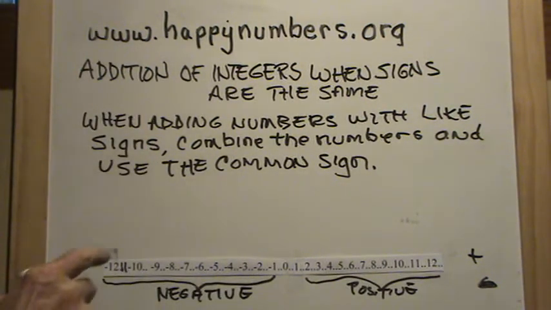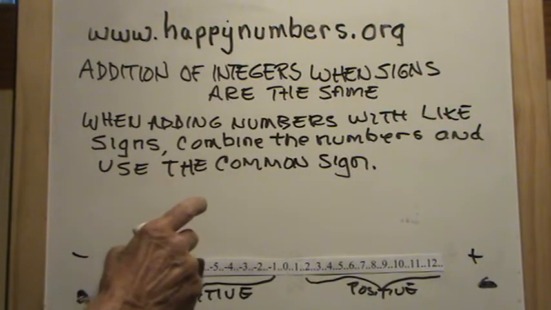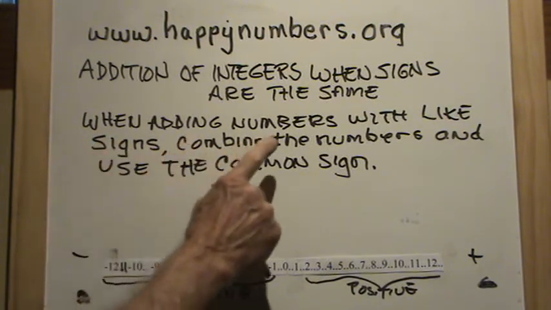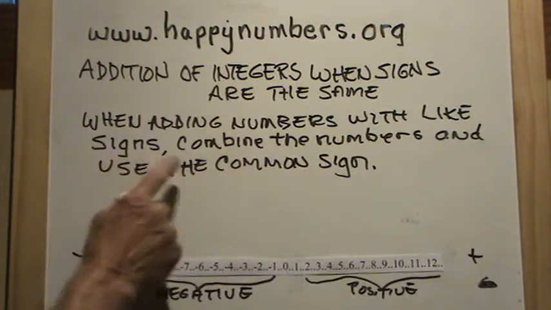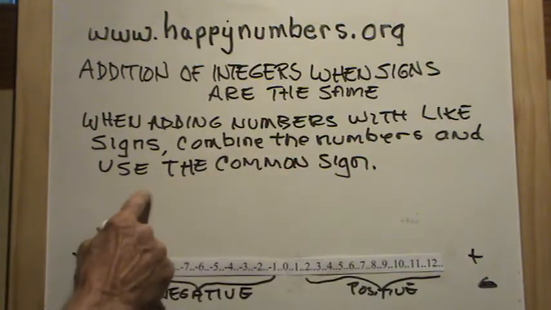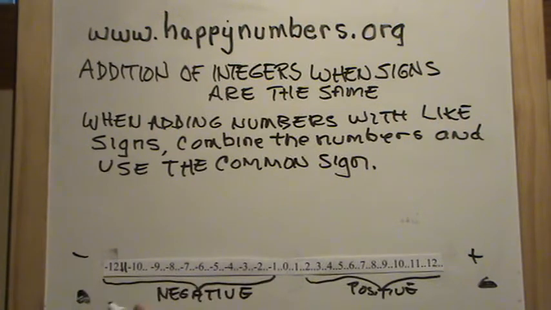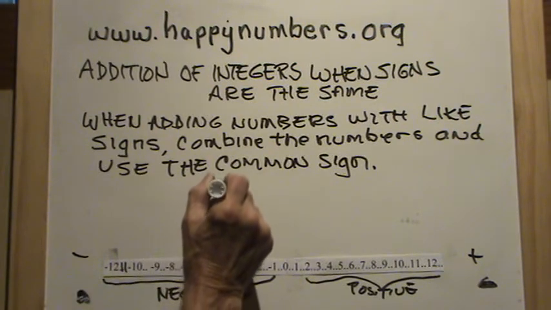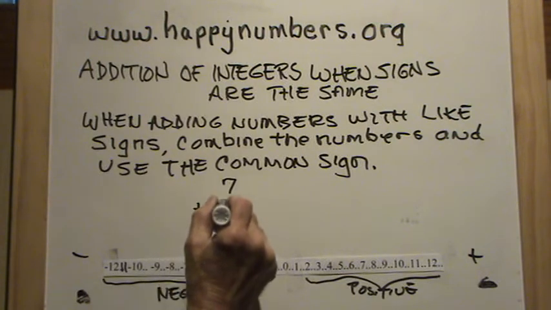Here is the rule when we're adding integers and the signs of the integers are the same. When adding numbers with like signs, which means the signs are the same, combine the numbers, that means add the numbers, and use the common sign. Let's take a very simple example. We have 7 and we're adding 2.